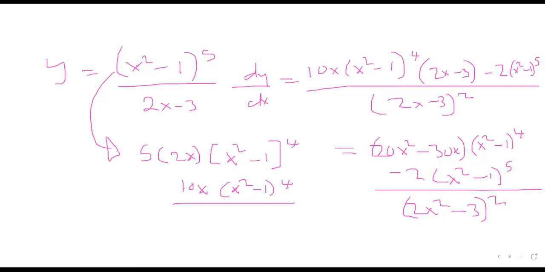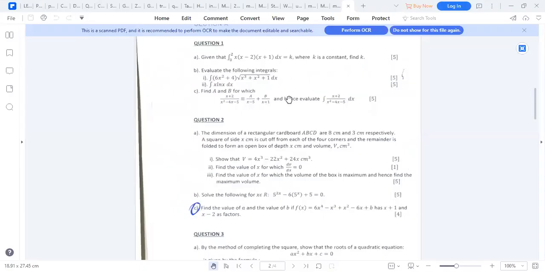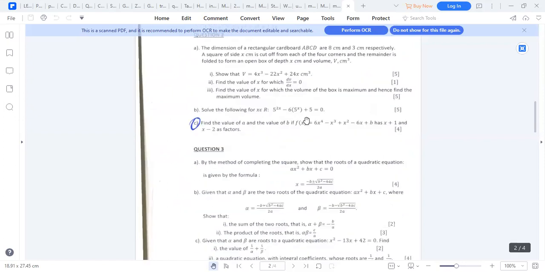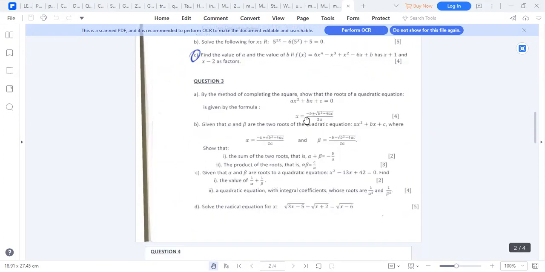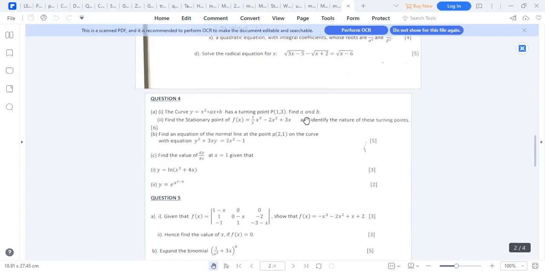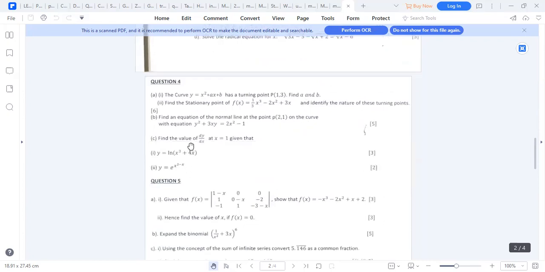All right, so let's look at some of the questions from the exam paper where you're required to differentiate. So we'll look at some questions from here. So differentiation, and the value of dy dx.